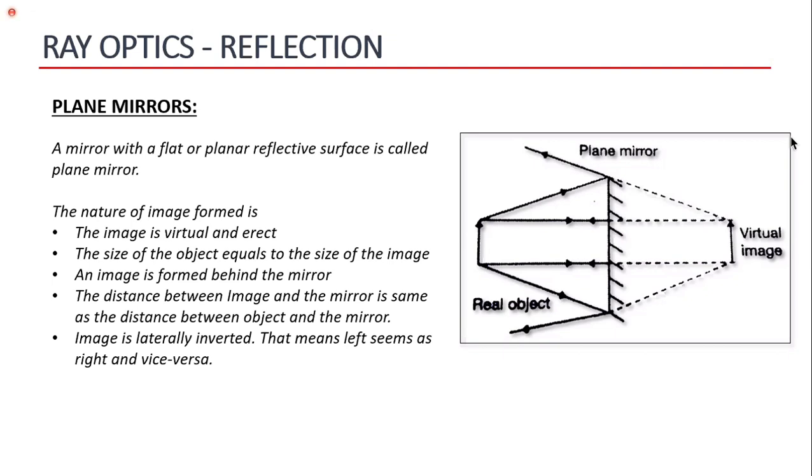The plane mirror has a reflecting surface on one side and it is silvered on the other side.